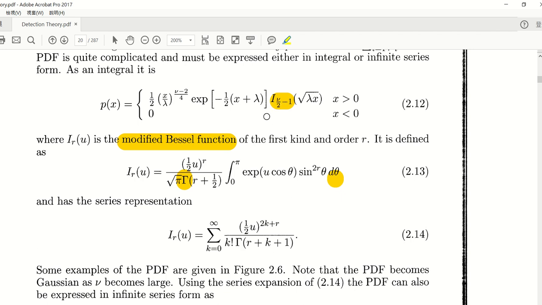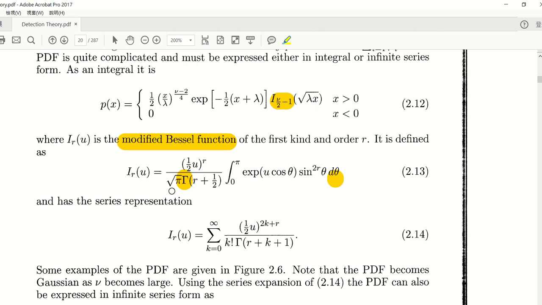Okay, and then the next thing is the Bessel function has to be defined this way. And then, of course, it has the series representation by this. Recall that whenever we have any functions, as long as they fit certain properties, you can actually use a summation of series.